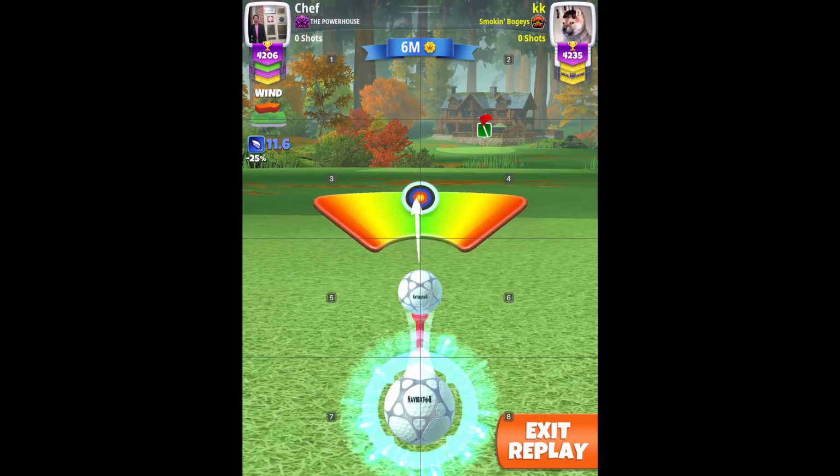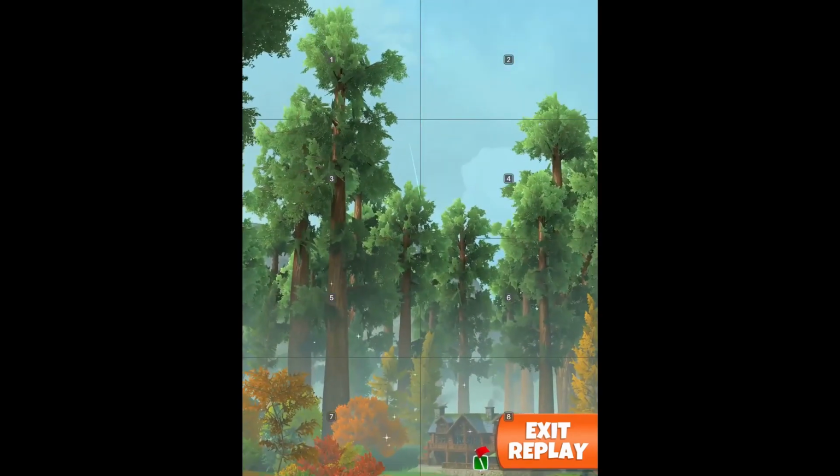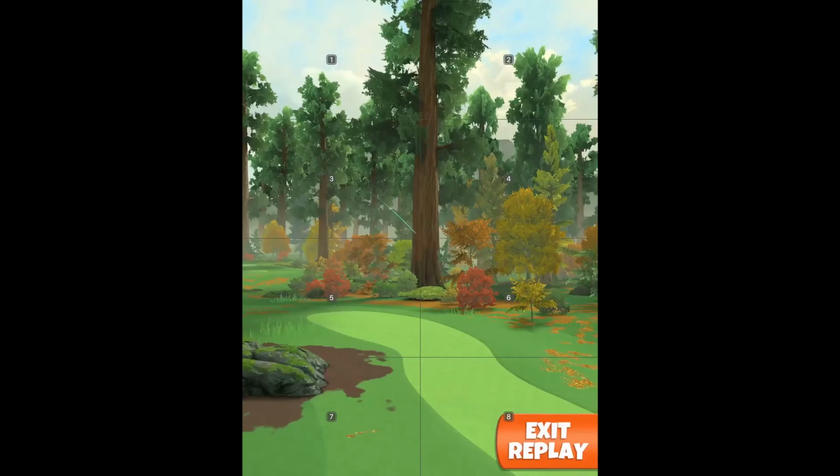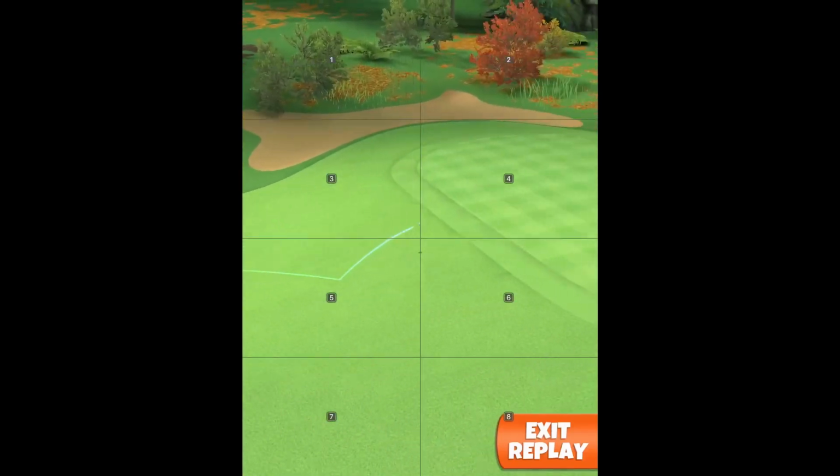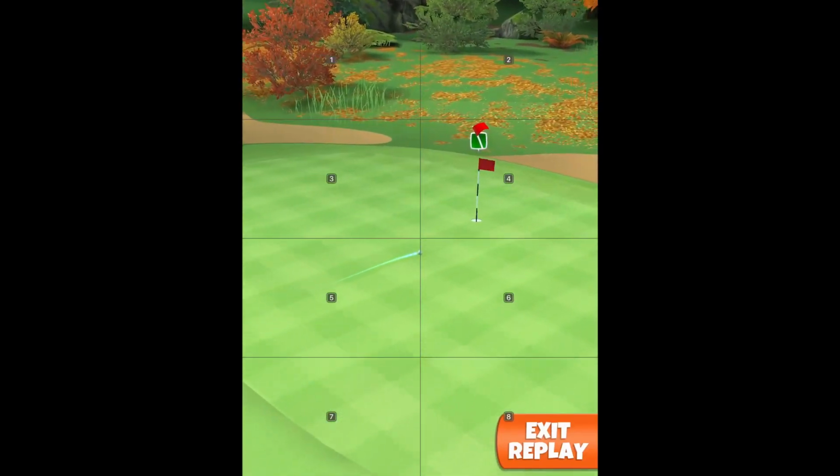And again, I did a little bit of BB left curl. And because this wind was higher, it needed just a little bit more left curl.